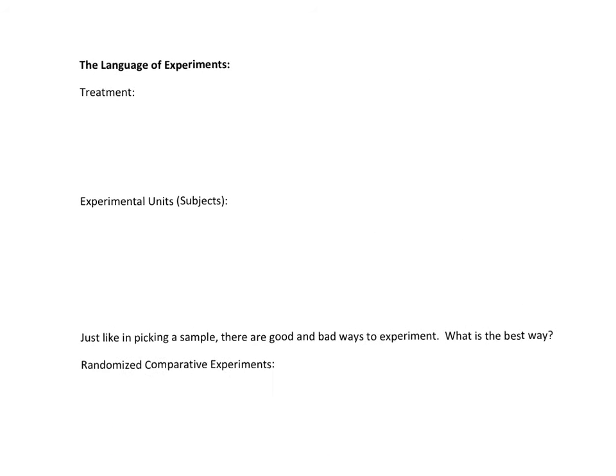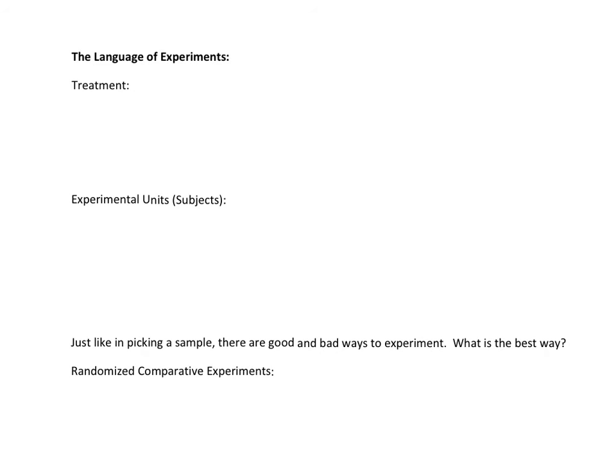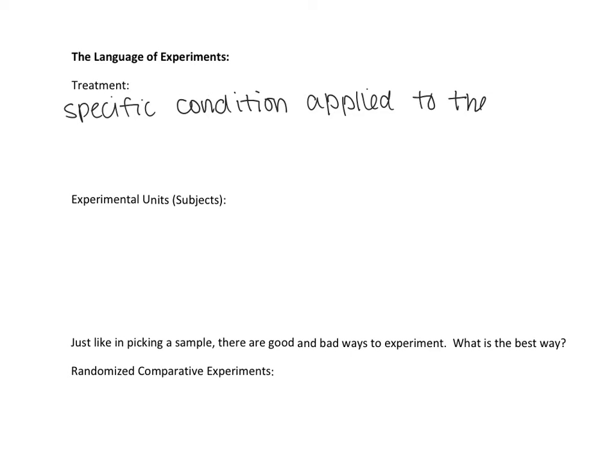Next we're going to take a look at some of the language found in experiments. The first is treatment, which we already talked about in the definition of experiment. I've talked about treatment being a drug or something like that. It's a specific condition applied to the individuals in an experiment.